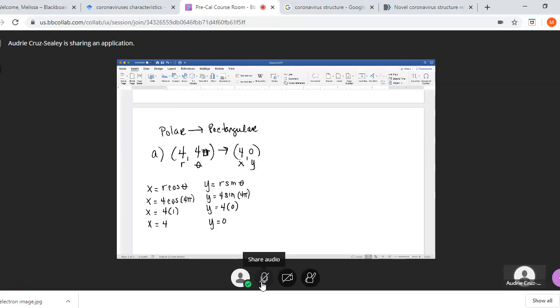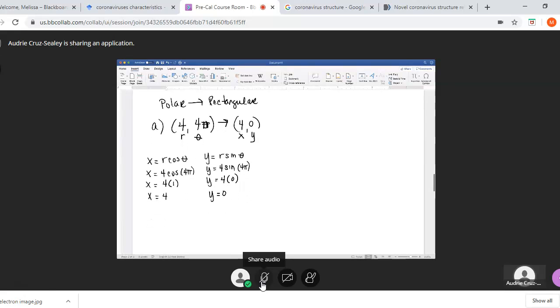So if you have a polar coordinate that is 4, 4 pi, it's the same thing in rectangular of 4, 0. I'm going to give you a second. I'm going to show you something. Any questions on anything?